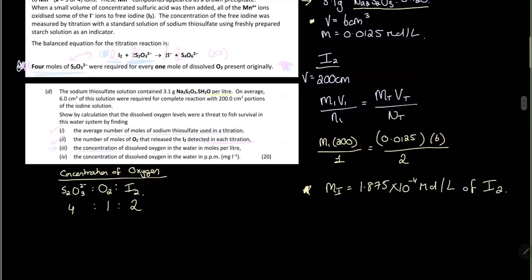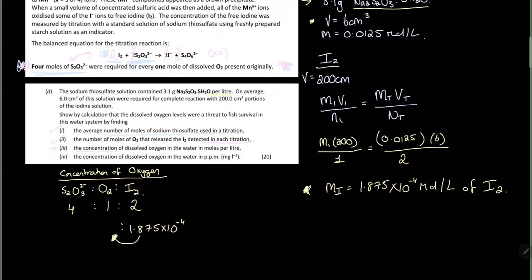Now the concentration of dissolved oxygen in the water in moles per litre. I have the concentration of the iodine in moles per litre, so I'm just going to slot it in here. From that, I can now work out how much the oxygen should have.